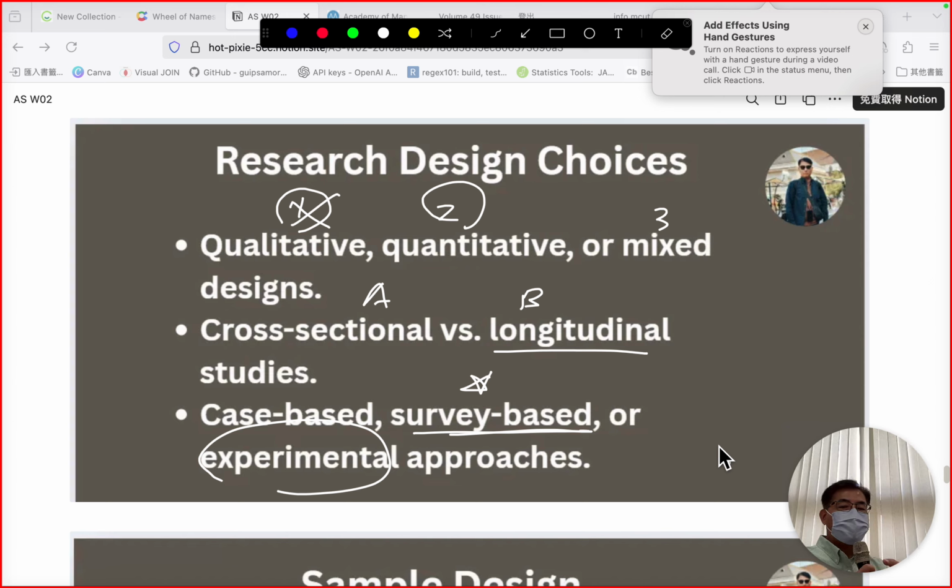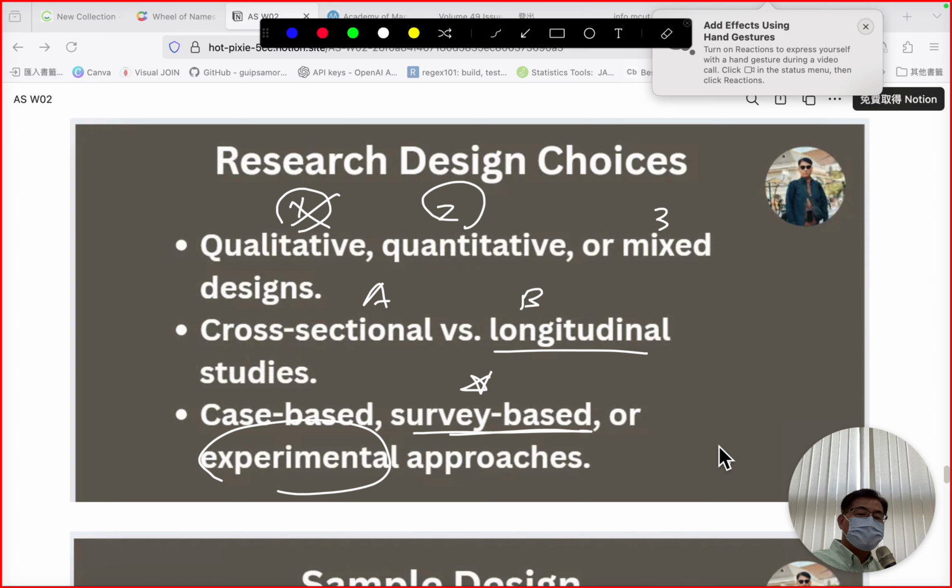Experiment, I took this kind of course when I was a PhD student. We had a specific course called experimental design for a whole semester. But in our school, Minsk University, I don't think we have a course called experimental design. We just have applied statistics.